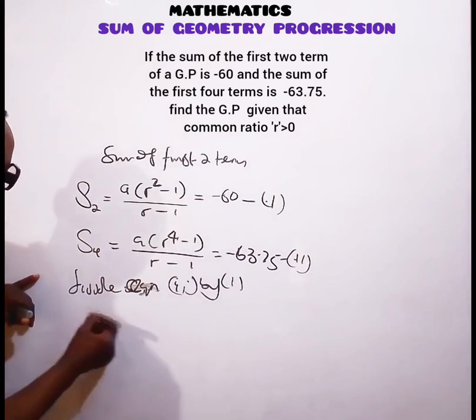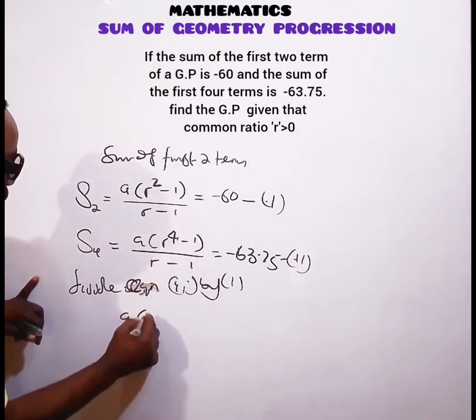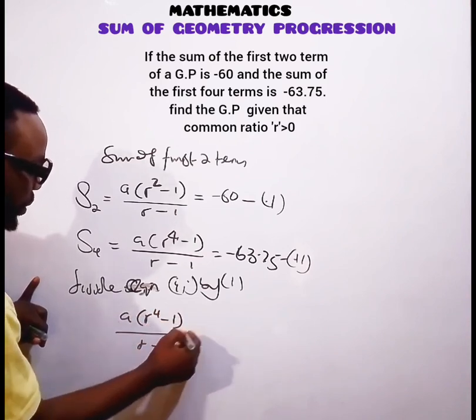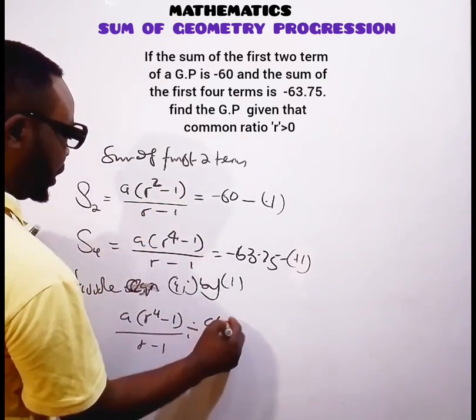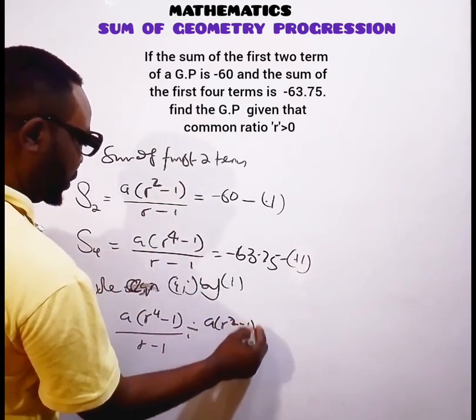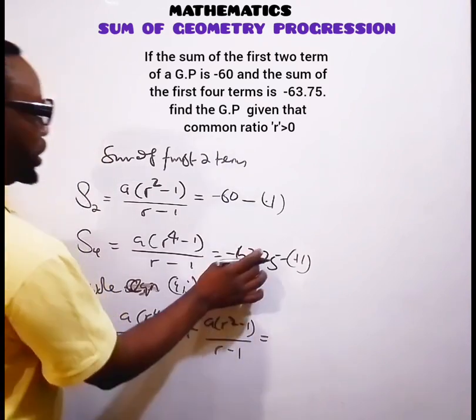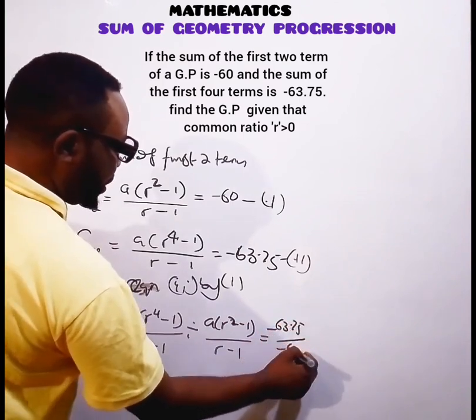Dividing them, you have a into bracket r to power 4 minus 1 all over r minus 1, divided by a into bracket r to power 2 minus 1 over r minus 1, equal to minus 63.75 all over minus 60.